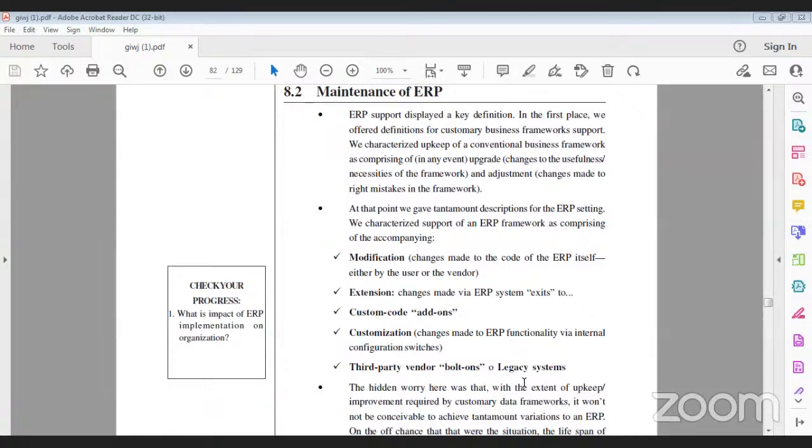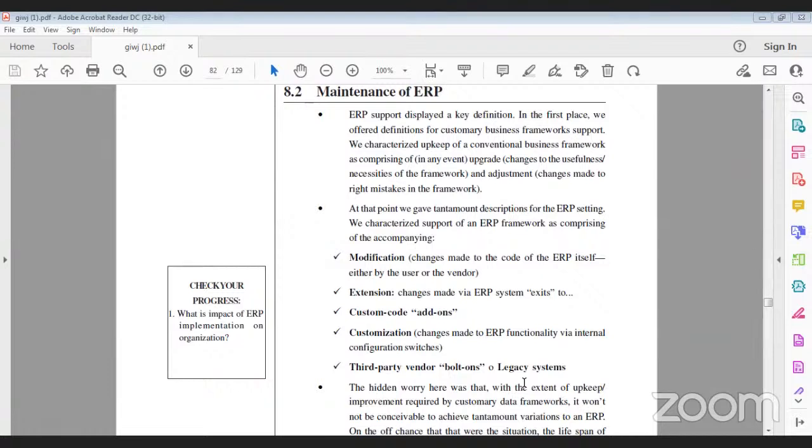Then next is custom code add-on, that means custom code add-on. Then next is customization, changes made to the ERP functionally via internal configuration switches. Then next is the vendor bolt-on.